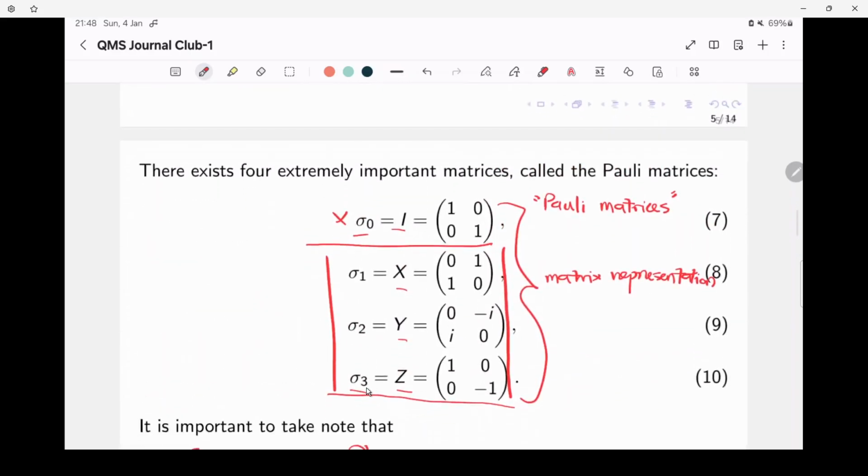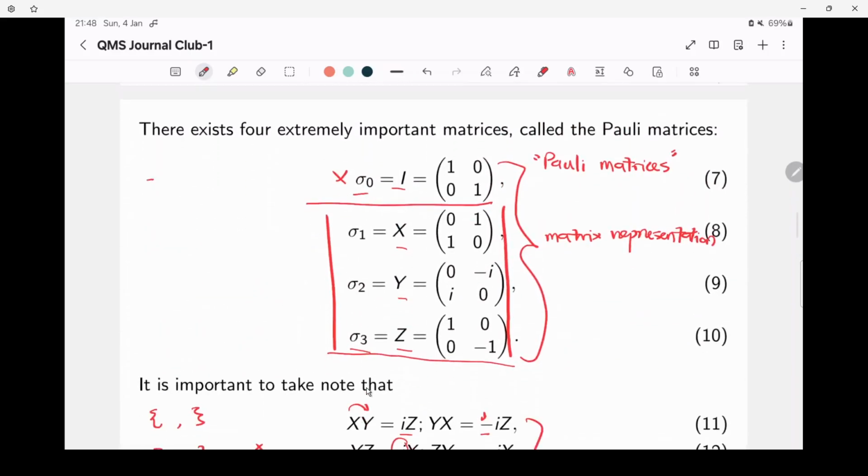You can demonstrate this with sigma 2. You have 0, minus i, i, 0. I perform the conjugate first, so I get 0, i, minus i, 0. This is after the conjugation. And then I perform the transposition, and you will see that it is just sigma 2.